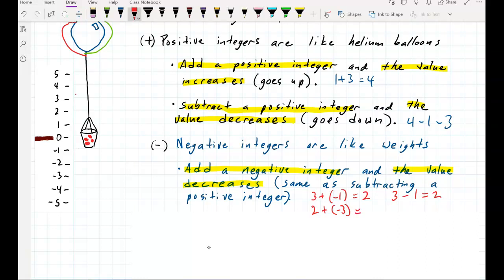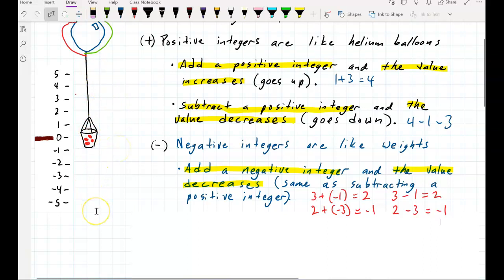So 2 plus negative 3 equals negative 1. And that would be the same thing as 2 minus 3 equals negative 1. So when we add negatives, it causes the value to go down. You can see the balloon situation is further down from where it was.